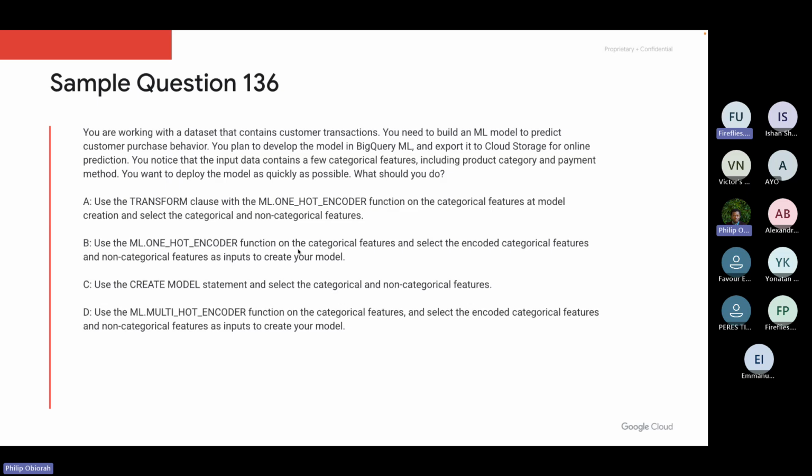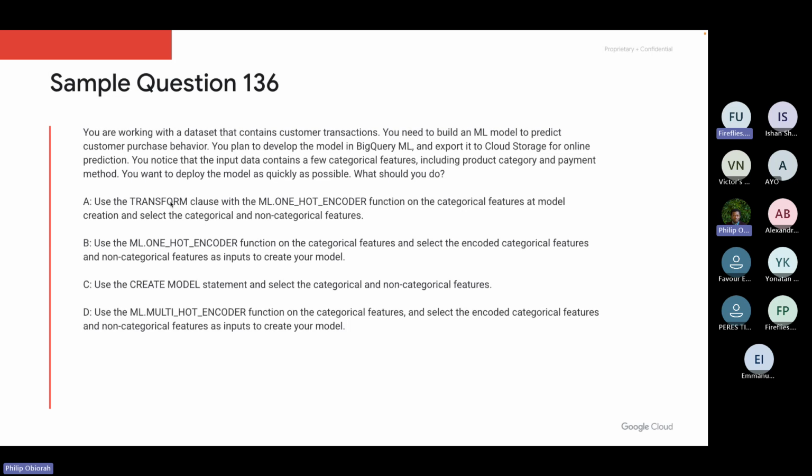This can be scary right now, but whenever you see BigQuery ML and they are looking at exporting for online prediction, look for the transform clause.